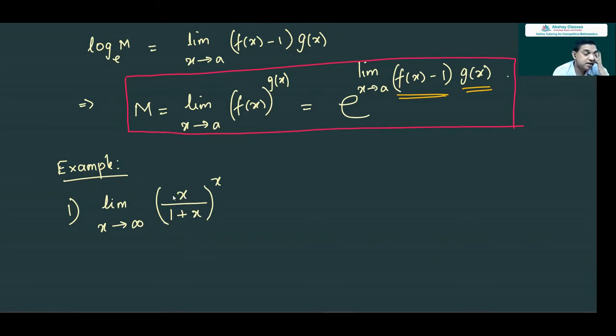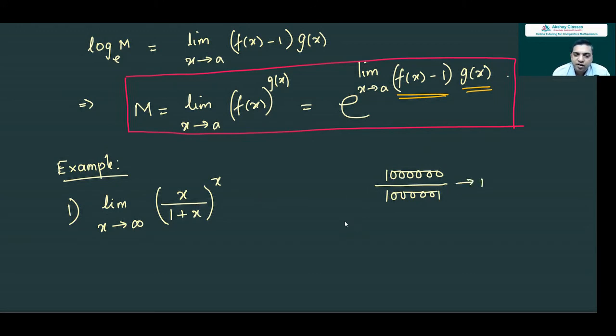This inside function is going to 1. Why? Because let's say x is 10 lakhs. By 10 lakhs plus 1 is 10 lakhs and 1. This will be close to 1.